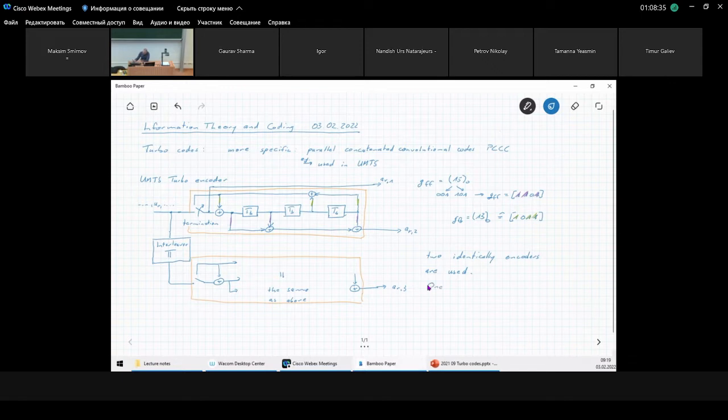This is the interleaved sequence of bits. We will see why this is important.